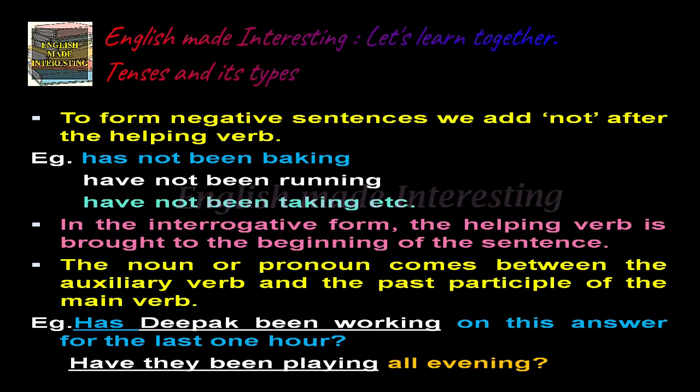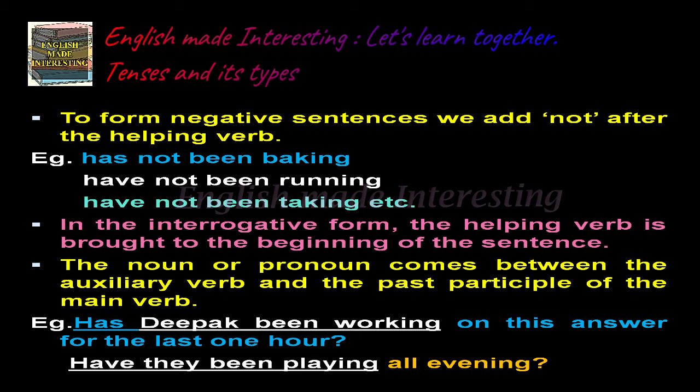To form negative sentences, we add not after the helping verb. Has not been baking, have not been running, have not been taking, etc. In the interrogative form, the helping verb is brought to the beginning of the sentence.